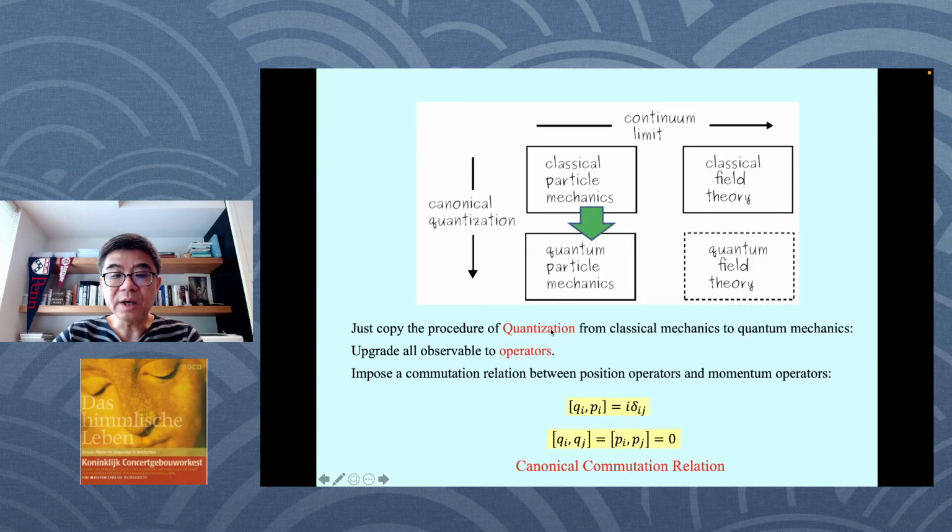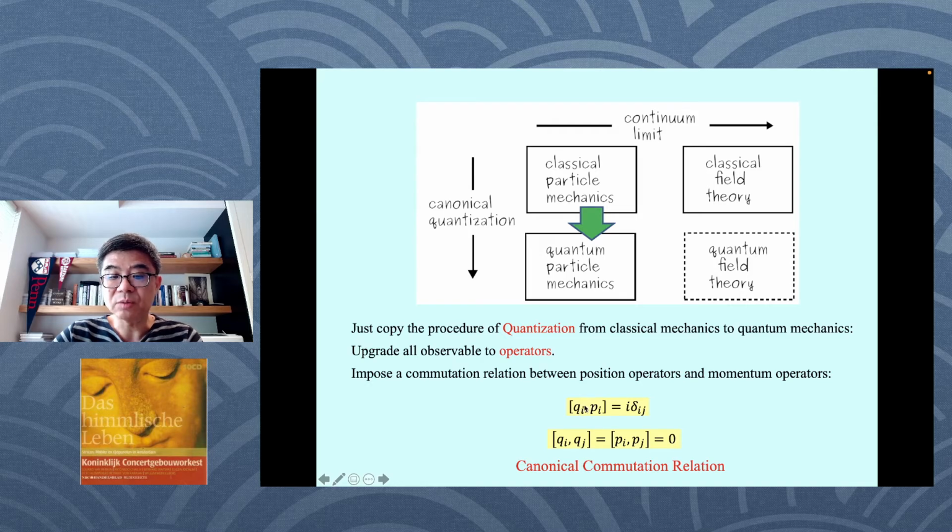And if they are operators, they do not commute as we wish for numbers. Therefore, we usually impose a commutation relation between position and momentum, just like this. That is, the commutation between coordinates and coordinates is equal to 0. And the commutation relation between momentum and momentum vanishes as well.